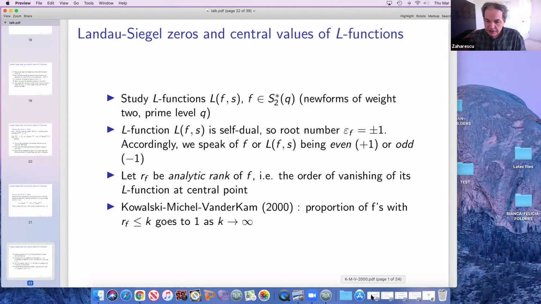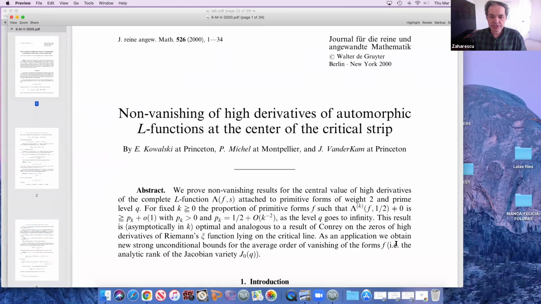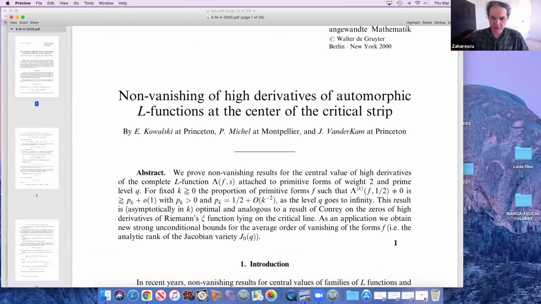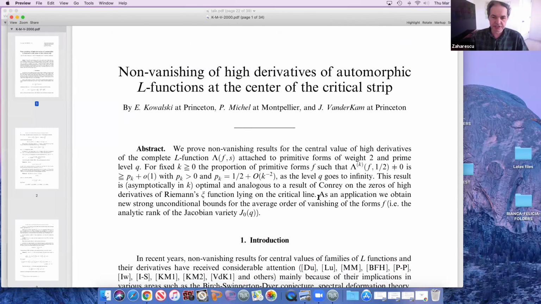And I think there's no time, so let me just read from their abstract, because they did more than just what I'm saying. They look at primitive forms of weight 2 and prime level q, and this is also our context.